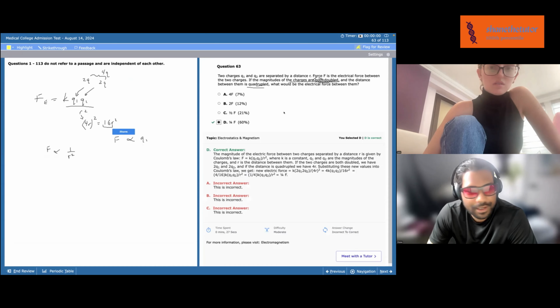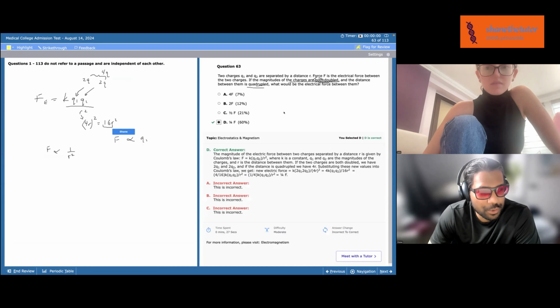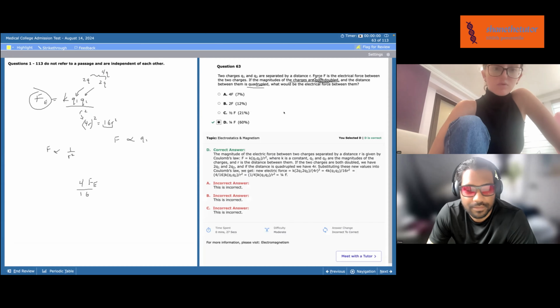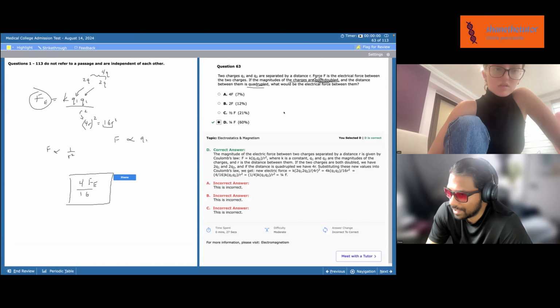So what we're doing to the force is we're multiplying it by 4, but also dividing it by 16. Okay, so that gives us 1/4. Yep. Does it make sense why it would be that?